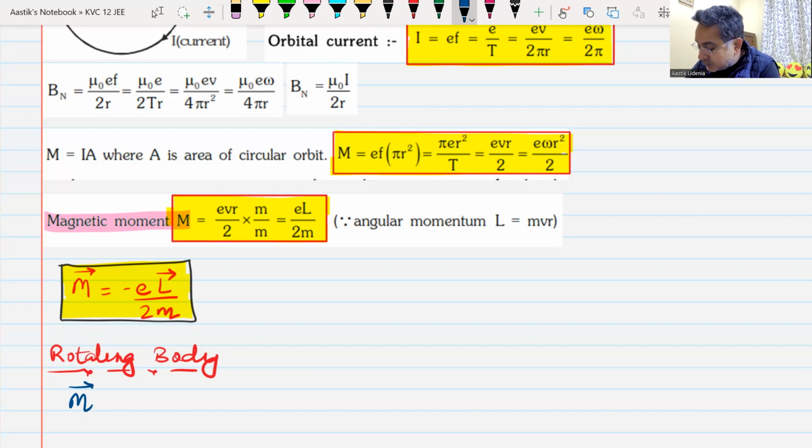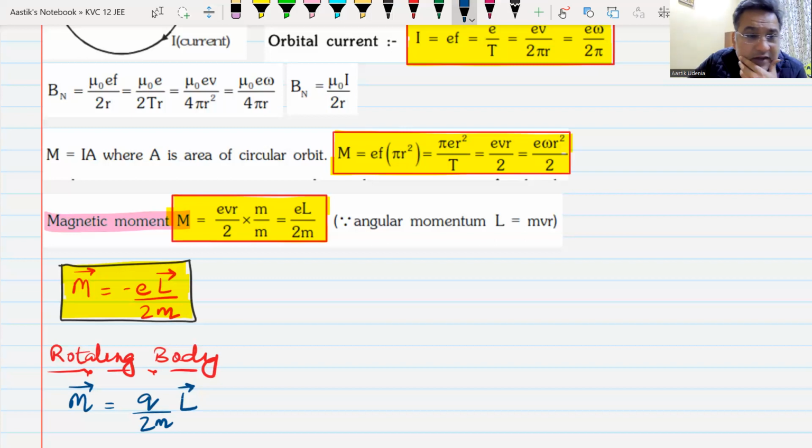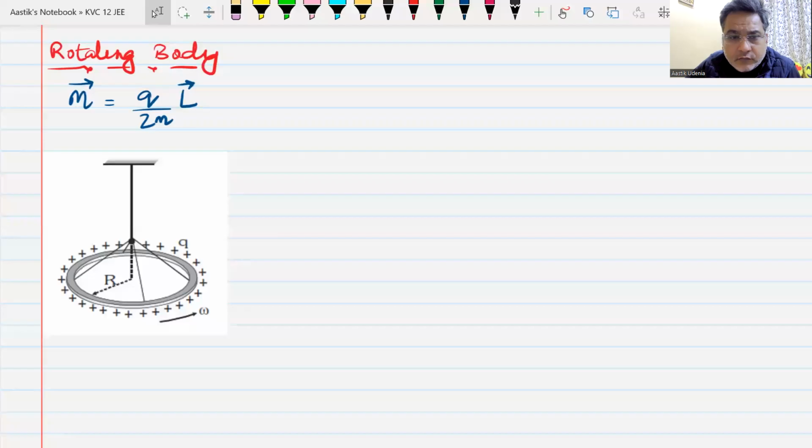The magnetic moment of a rotating body will be q by 2m multiplied by the vector L, no matter what type of body it is. It could be a rotating ring, a rotating disc, a rotating sphere, a rotating cylinder, a rotating hollow sphere, a rotating cone, a rotating hollow cone, doesn't matter. The answer remains. I'll give you 1 minute to note this down.